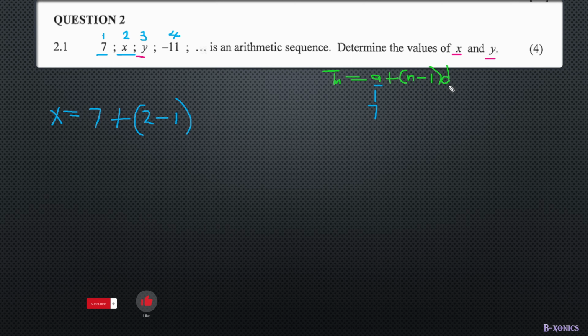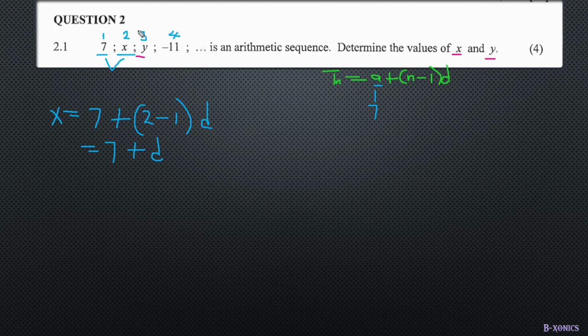So let's think about the difference. The difference is what you get when you subtract 7 from T2, or x. So let's leave it as it is: x equals 7, and 2 minus 1 gives you 1, so plus d.